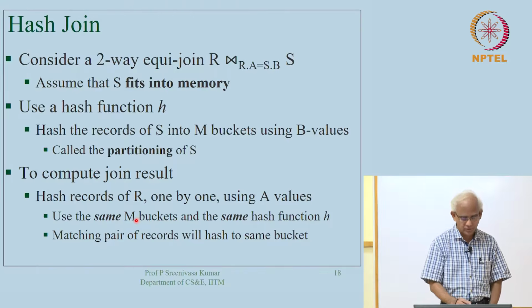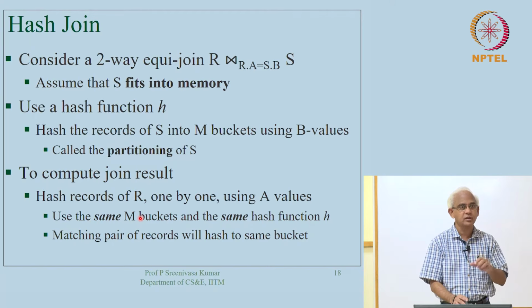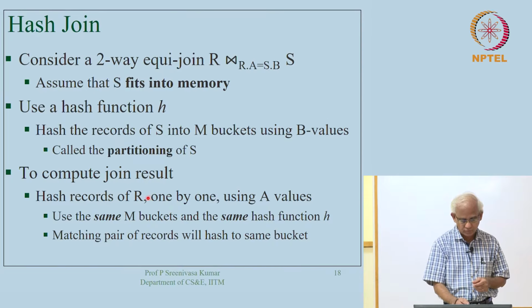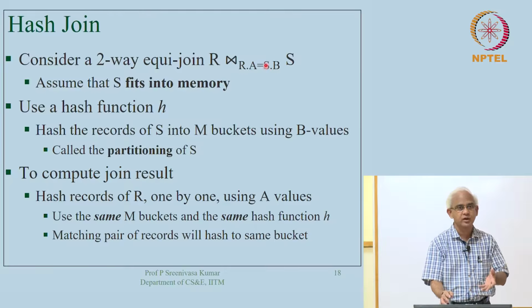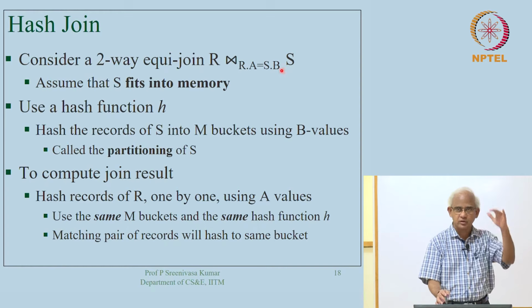Suppose you read in a record of R and it goes to the second bucket, then you know that is the only place where matching records can be found. Because if the value of A in R and the value of B in S are indeed the same, then the hash function will produce the same bucket number, whether applied to A or applied to B. You have already hashed the B values, so the records of S are all there in the buckets.